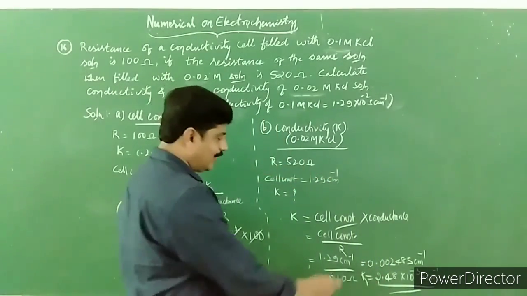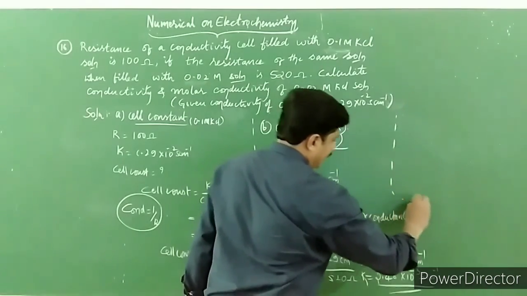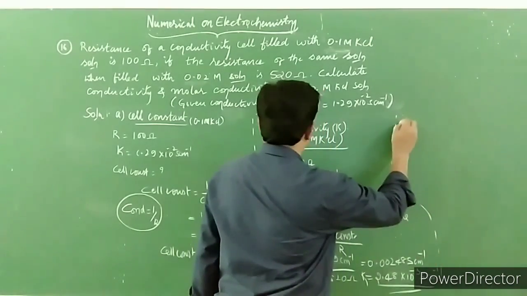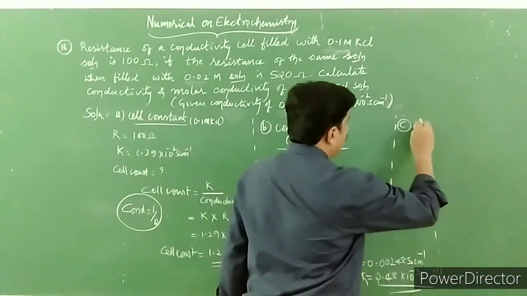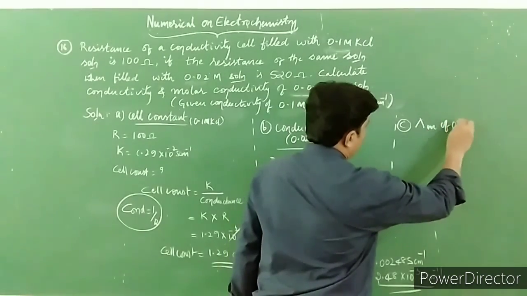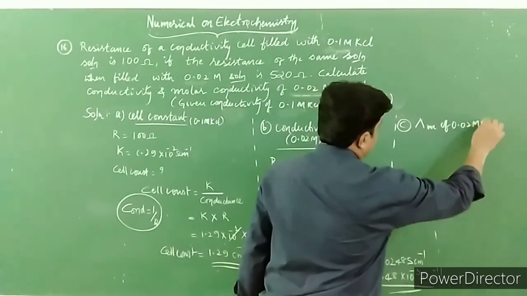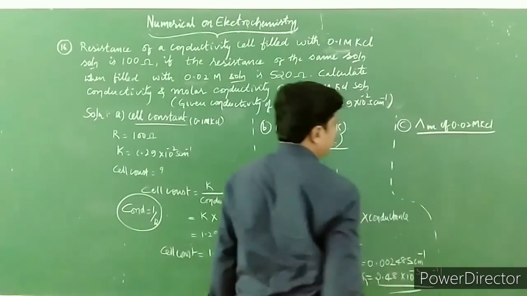Hope you got it. Once you find out the conductivity, now I'll go for the third part. What is that? Finding the molar conductivity of 0.02 molar KCl solution.